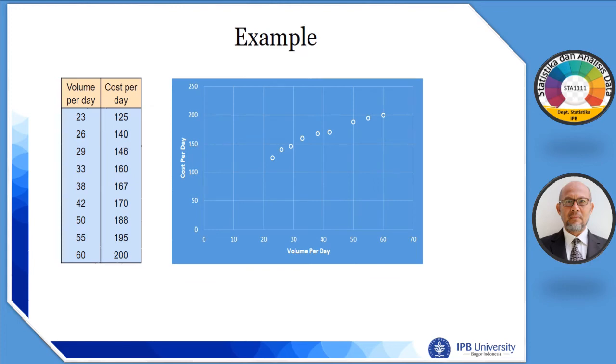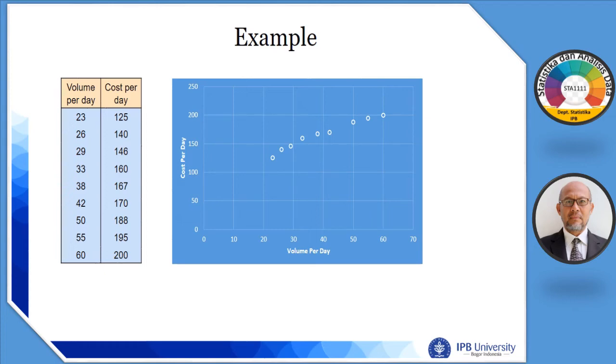So for example, we have two numerical variables. In this table, the first column is volume per day. The second column is cost per day. If I'm not wrong, this is the data that we have already discussed earlier. The first column, volume per day, is the number of items sold.